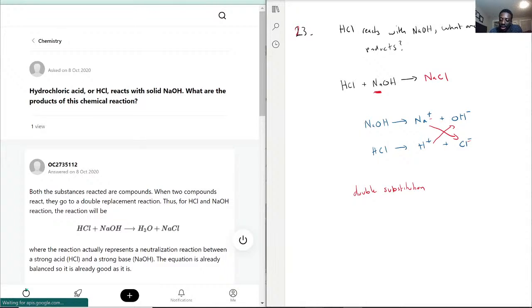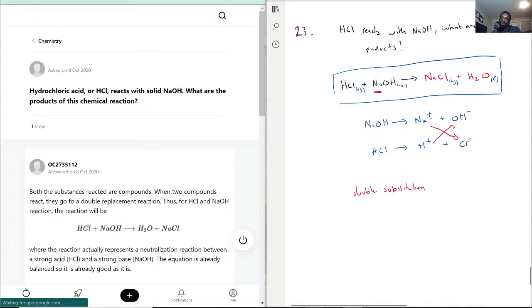And H and OH will give us H2O. Let me just quickly add that they're aqueous; you can't forget that when you're writing the formulas. And water is just a liquid. But this double substitution is what you get when hydrochloric acid reacts with solid sodium hydroxide. You form salt and water.